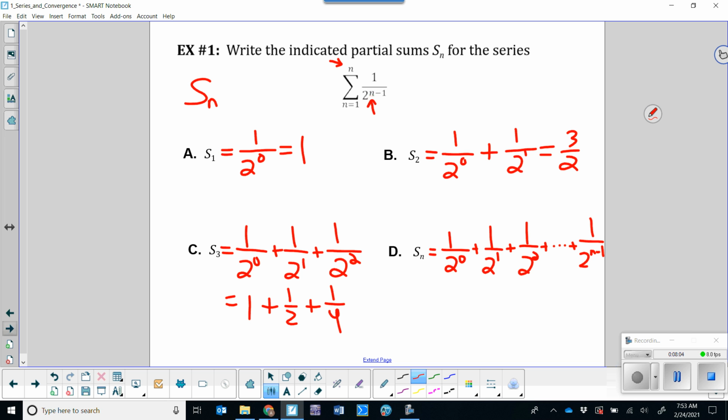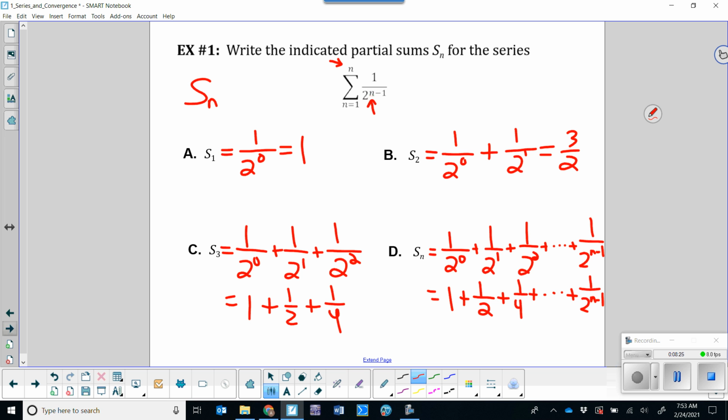Now, if I want to write down the partial sum, it would be 1 plus 1/2 plus 1/4 ... And it's always 3 dots, not just however many dots you want. Only 3 dots is an ellipsis. So that's what we call the partial sums.